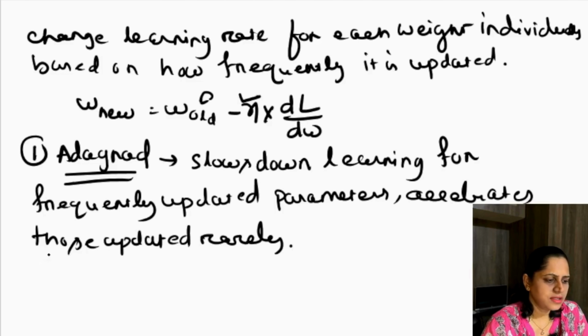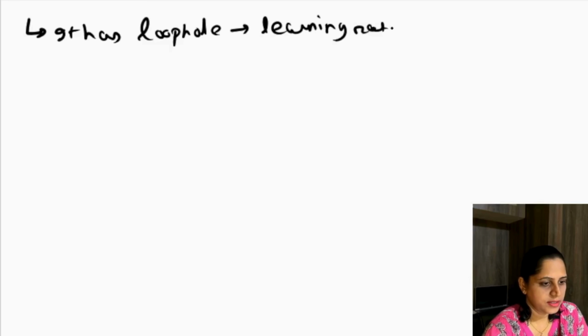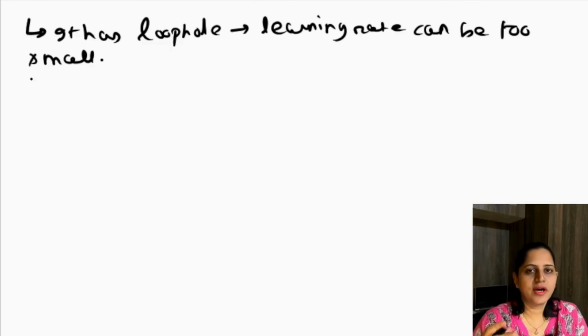And it has one loophole at the same time: the learning rate can become too small. Just imagine that you are not updating the frequently updated weights properly.